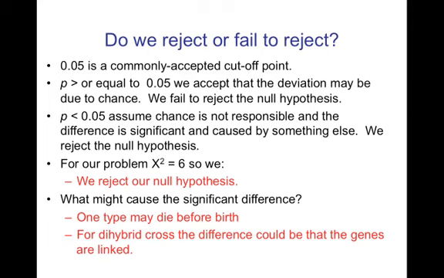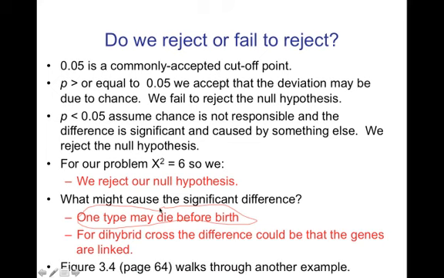So maybe the genes are on the same chromosome, and so we're going to get different kinds of numbers because they don't independently assort if they're on the same chromosome. But this particular example is a monohybrid cross, so probably the best explanation is that one of the categories, big B, little b, or little b, big B, dies before birth.